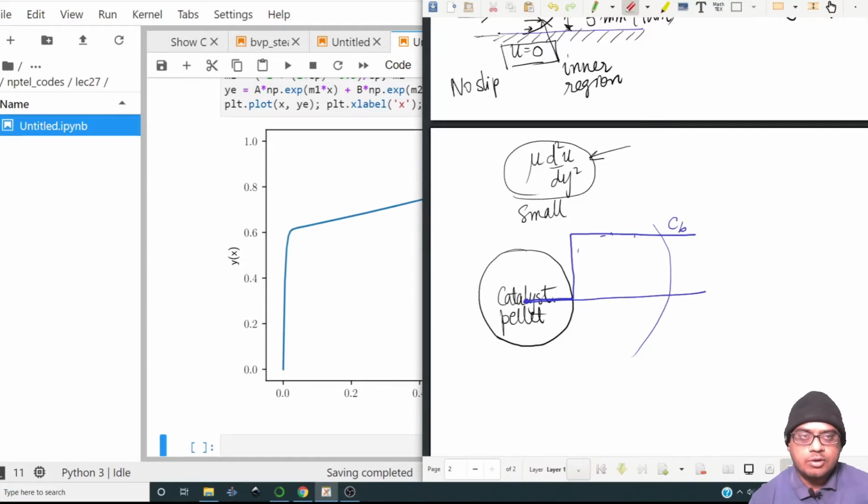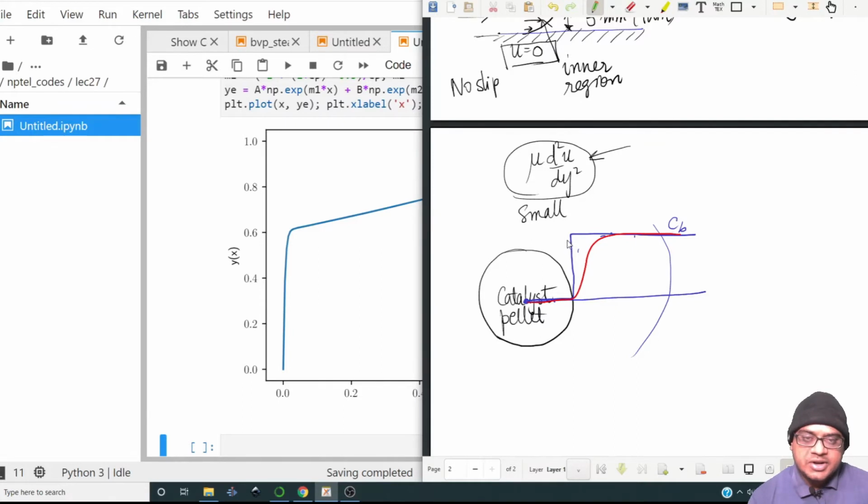Maybe it makes some product. We don't care about that. So there will be depletion of concentration near the surface of the catalyst. So it will still be zero, and then it will be something like this.